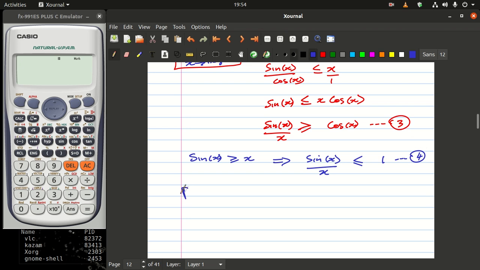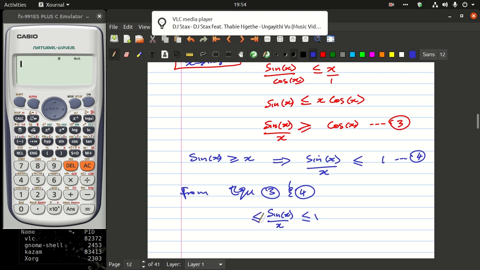From equations 3 and 4, what am I actually having? Whenever I have sine of x divided by x, it is less than or equal to 1. And this one is going to be bigger than or equal to cosine of x.